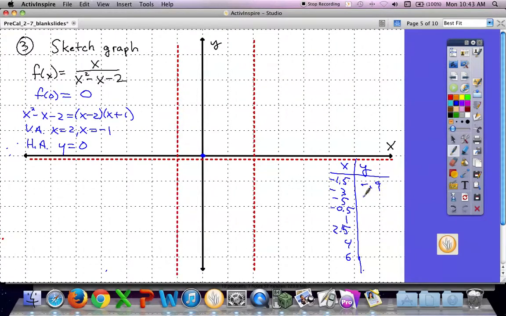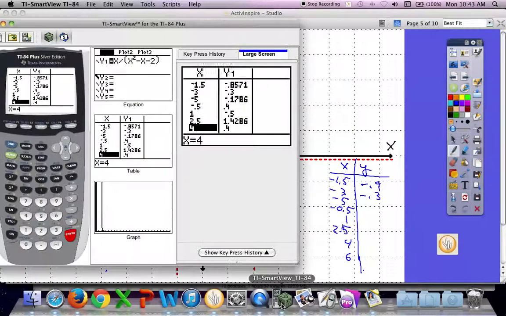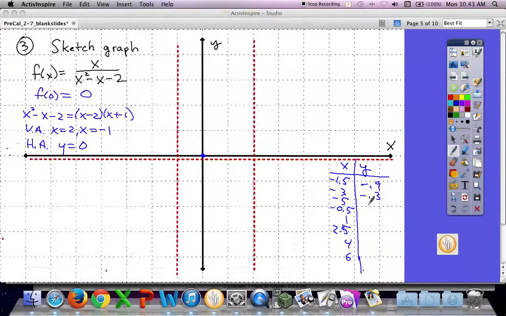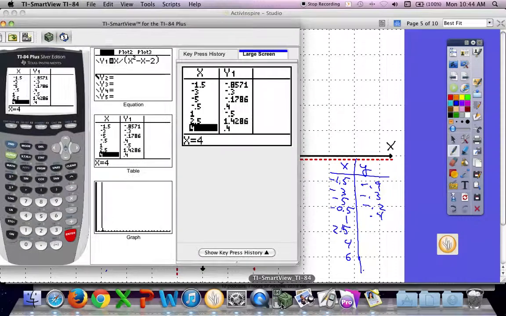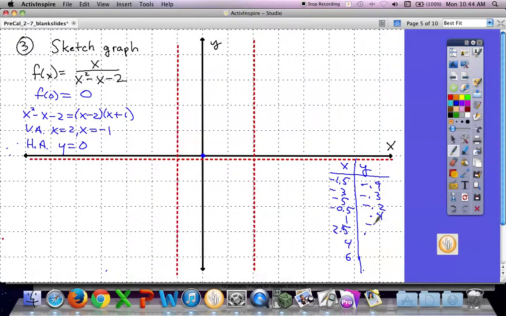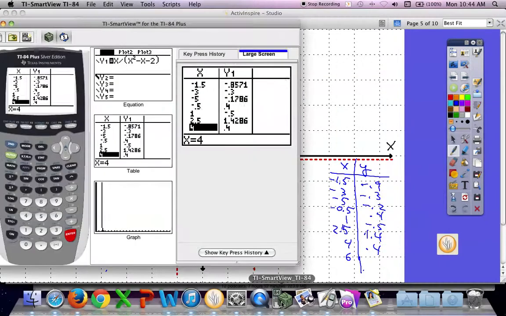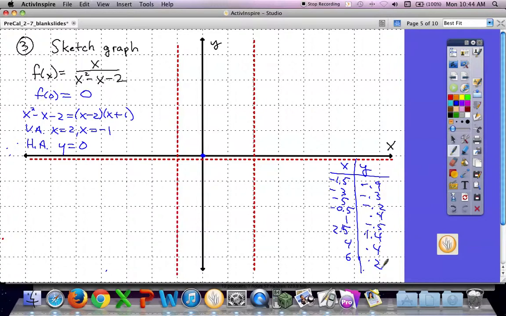Negative 5 gives negative 0.2. Negative 0.5 gives positive 0.4. 1 gives negative 0.5. 2.5 gives 1.4. And at 4, we know it's 0.4. And then I can do the 6. It's 0.21. I would say 0.2 for our purposes of graphing.